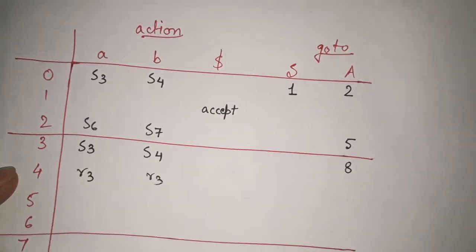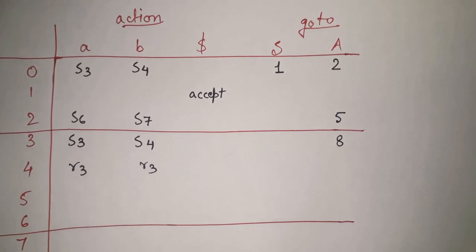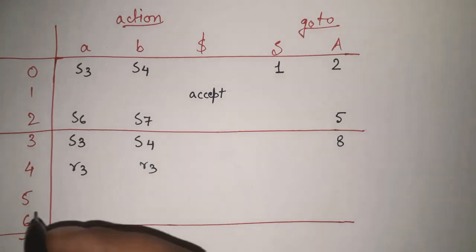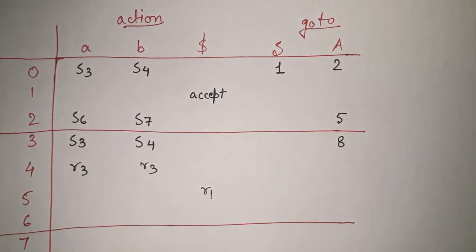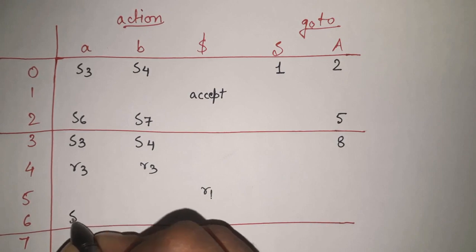Okay, now if I talk about 5th state, it is again reduction state R1. S gives AA, that is R1. So I have to write R1 where? Inside dollar, because the look ahead is dollar. Then 6th state, from 6th state on small a we are going to itself.